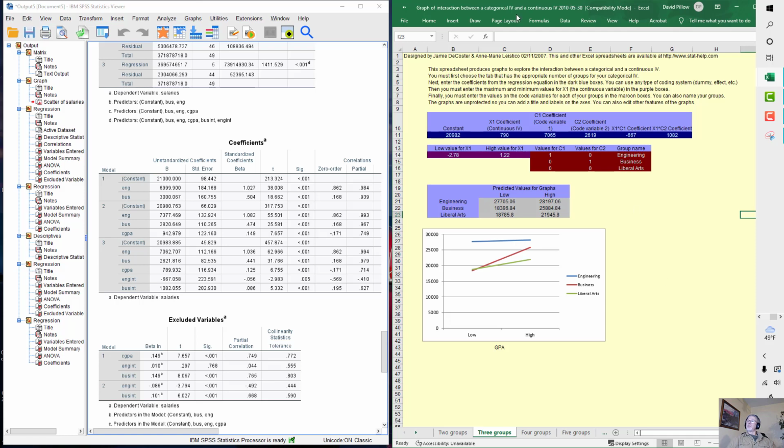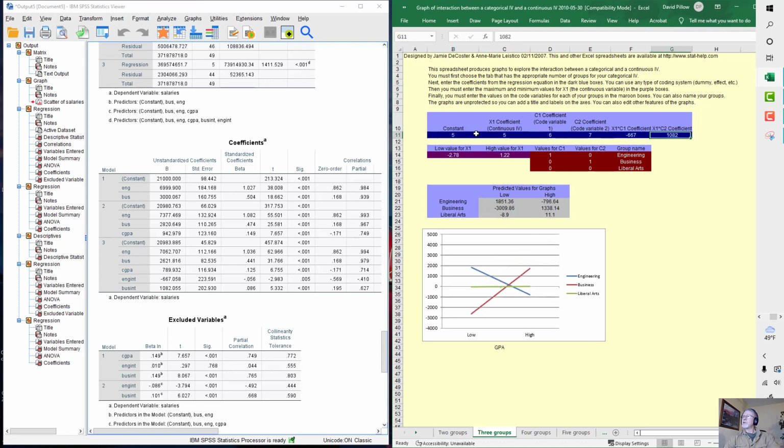It's downloadable from Blackboard. Go to the Excel sheet where it says interaction between a categorical and a continuous IV. We're going to go to 3 groups, and I'm going to go ahead and change these real quick.